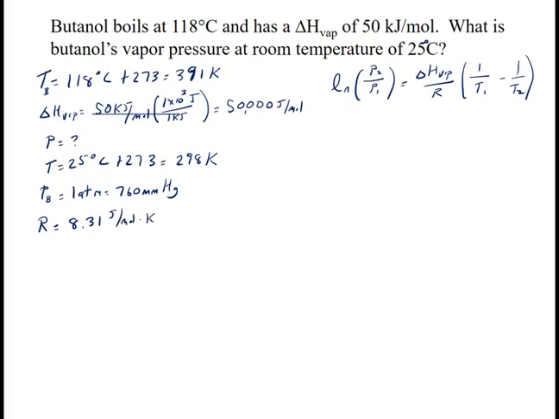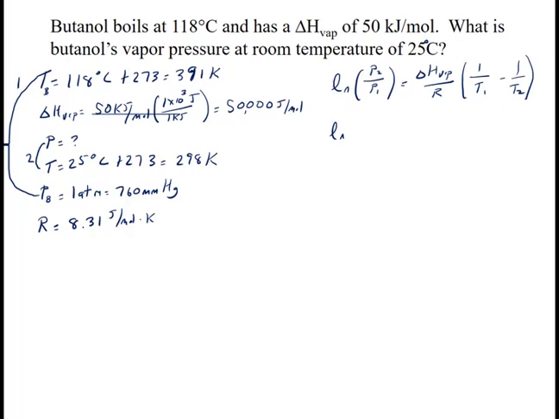Okay. So now I'm going to start putting things in. So I've got natural log. Oh, before I do that, I have 2 pressures, 2 temperatures. Again, like the last problem, it's easier mathematically if my unknown is the numerator. So I'm going to make my unknown, which happens to go with this one here, be 2. And therefore, the pressure boiling and the temperature boiling is going to be number 1.